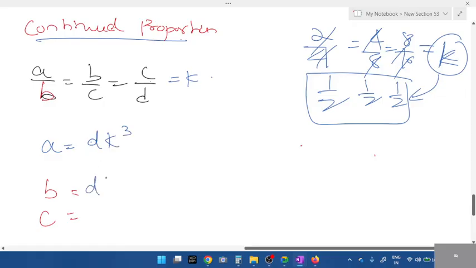For B it is D into K square. For C it is just D into K, student. These are the formulas. D is nothing but that which is divided here. Make a note of this formula.